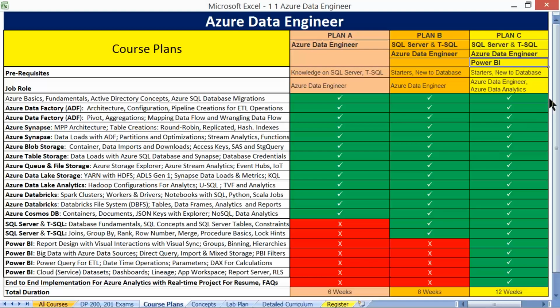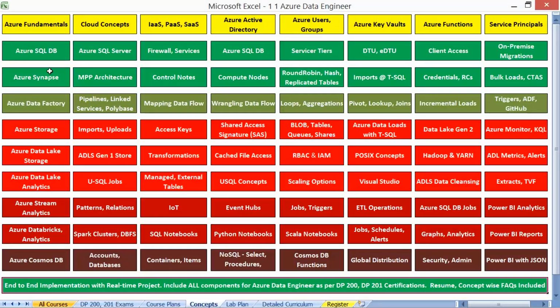And apart from this, the concepts that we need to talk about. Yes, we'll start from the very basics of Azure fundamentals to Active Directory, key vaults, functions, and service principals, base activities first. Then we'll talk about SQL database, Synapse, data factory, storage, data lake storage for big data and data lake analytics that supports USQL.